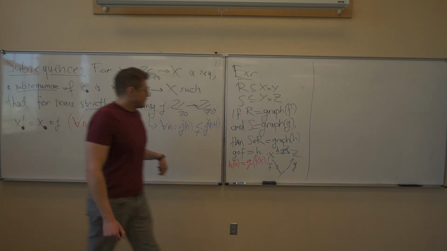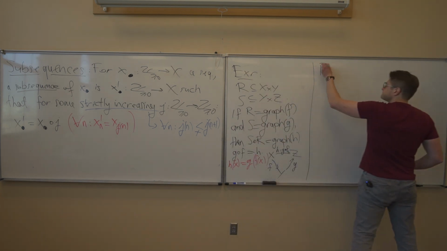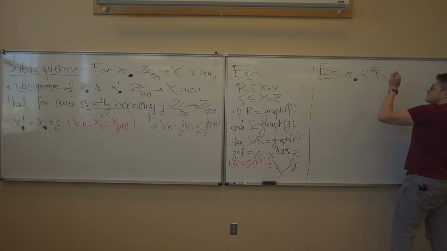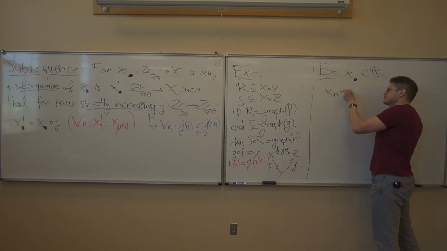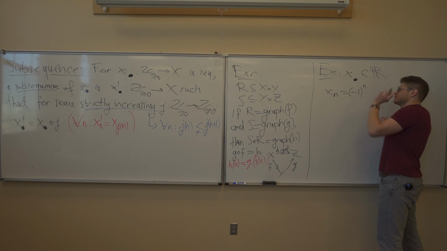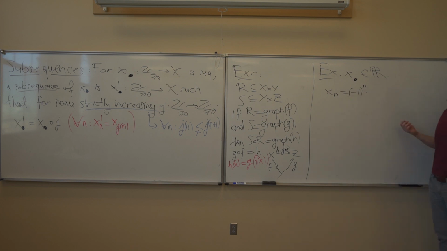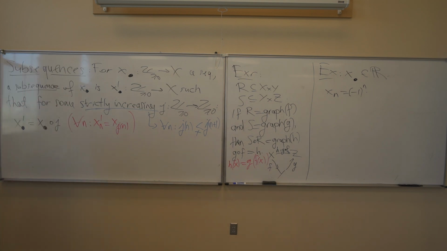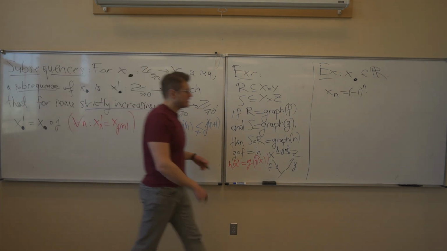So here's a simple example, of course. Let's take x sub n to be minus 1 to the n. Well, I can take, for instance, j of n, my function, to be, let's say, 2n. Let me take even times.